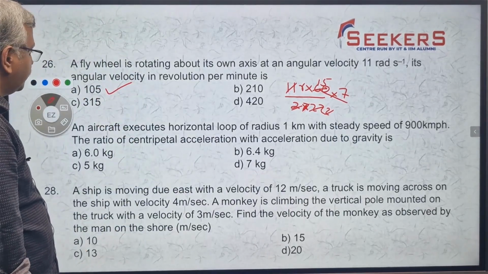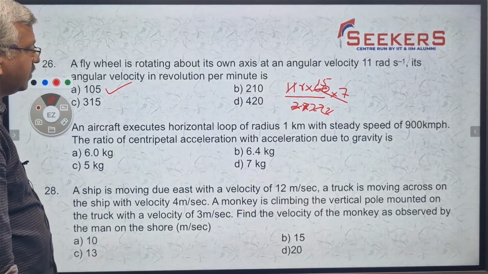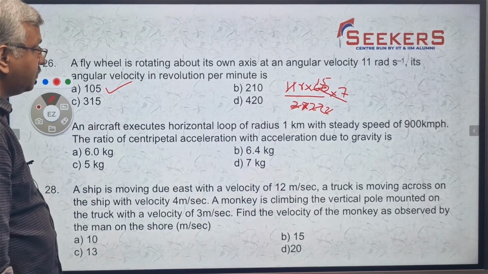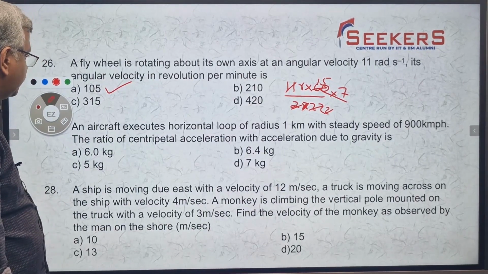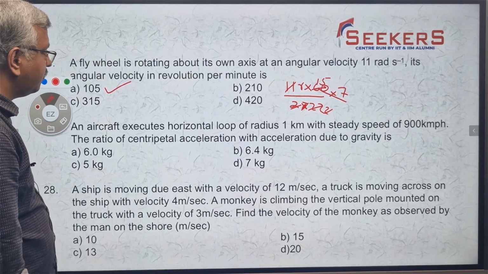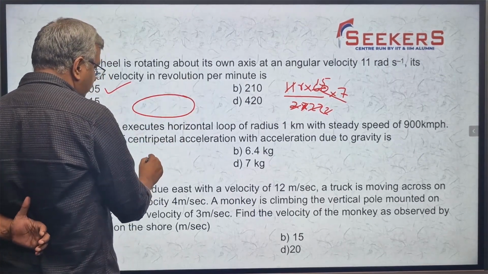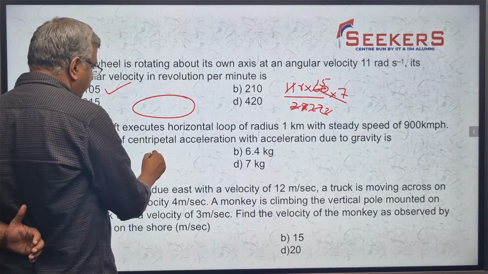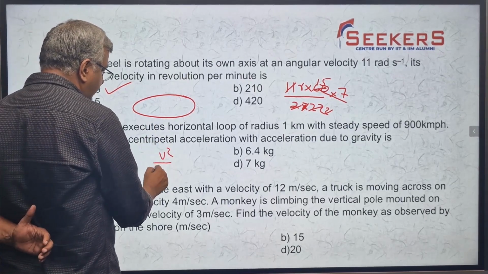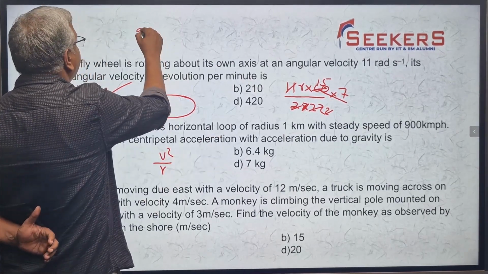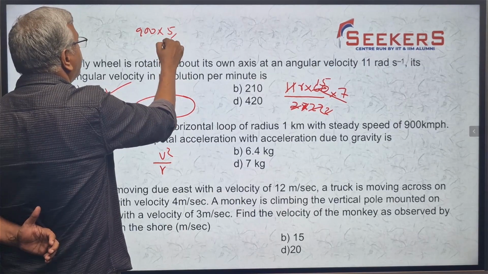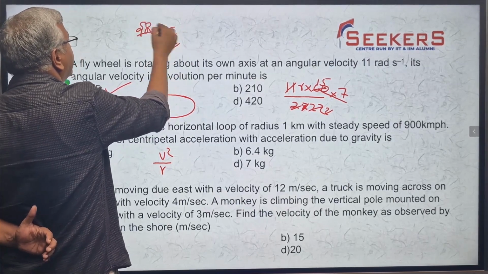An aircraft executes horizontal loop of radius 1 kilometer with a steady speed of 900 kmph. The ratio of centripetal acceleration with acceleration due to gravity. Now this is horizontal loop. So horizontal loop means centripetal force is V squared by R. So when I go for 900 into 5 over 18, 18 will go 50 times.